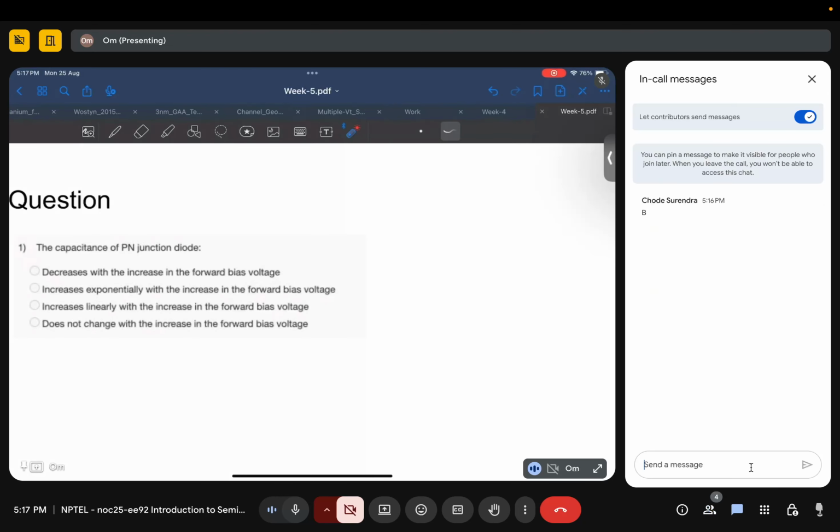Yes, so option B is correct. It increases exponentially with increase in forward bias.